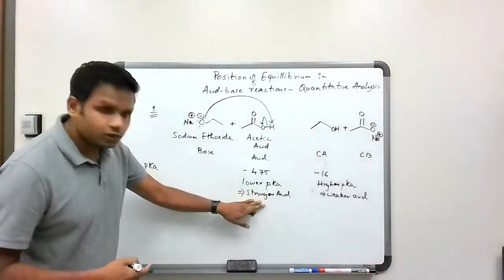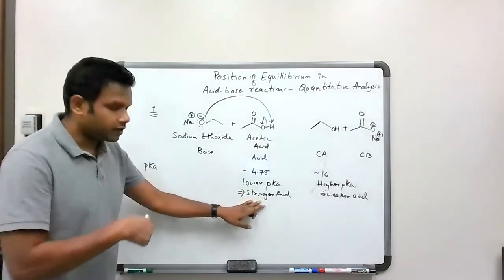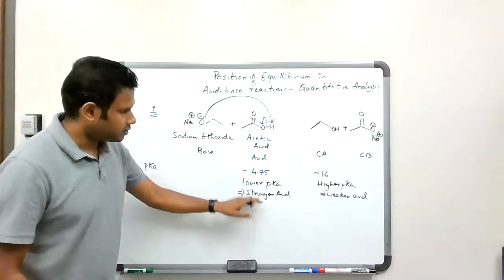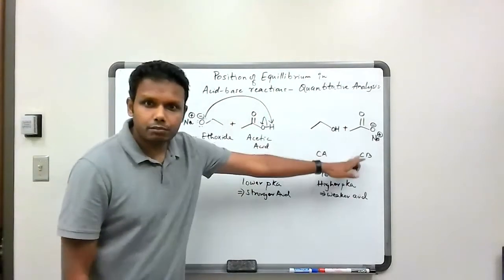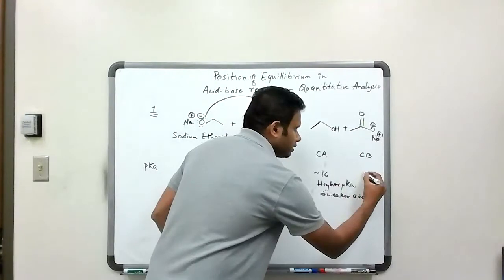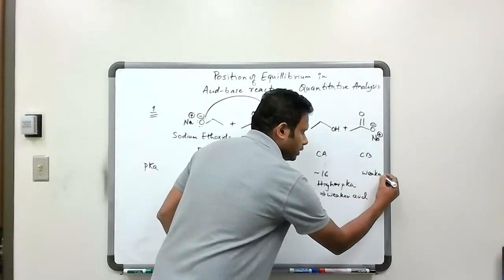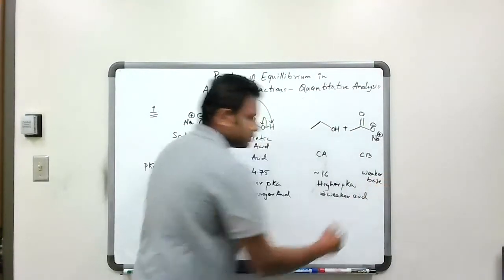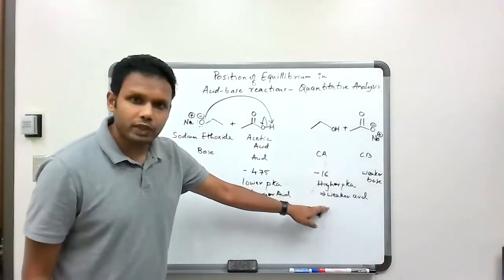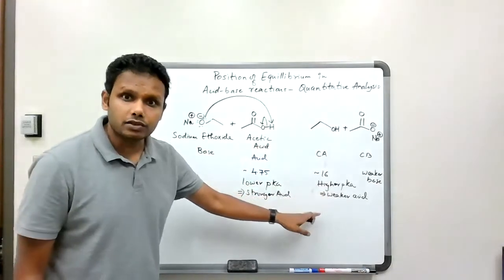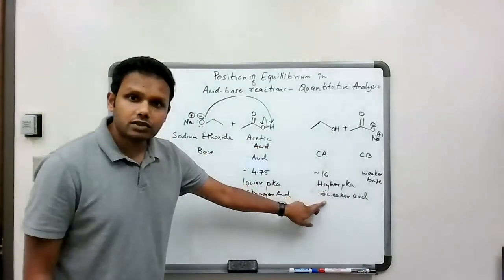So this is the stronger acid. So going back to basicity. If this is the stronger acid, then its conjugate base is going to be a weak base. So this is the weaker base now. And similarly, if this is the weaker acid, then what would be its conjugate base?